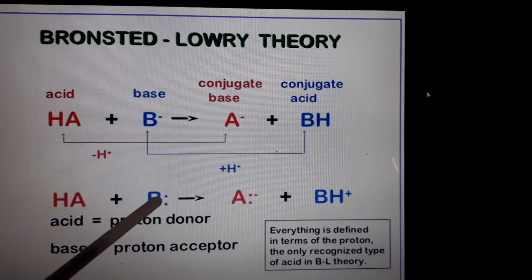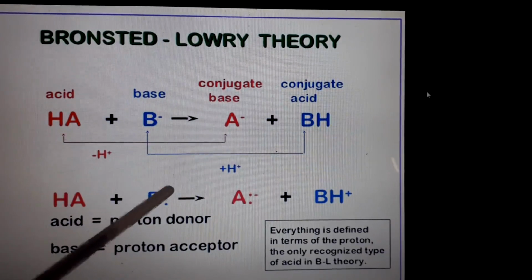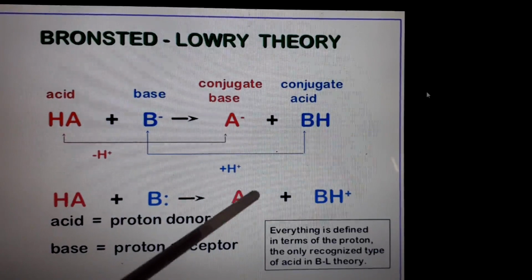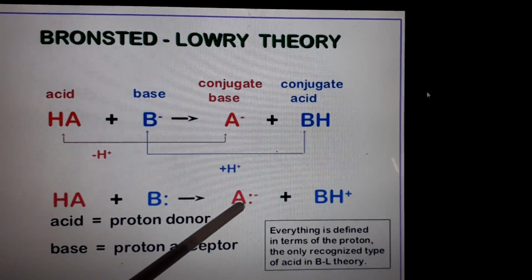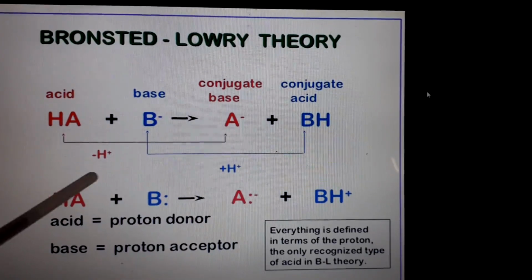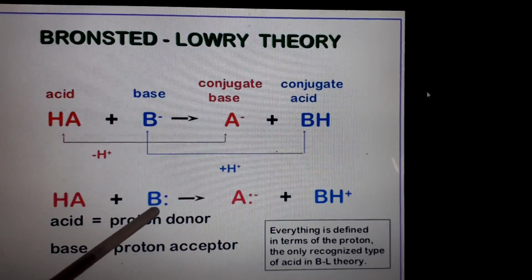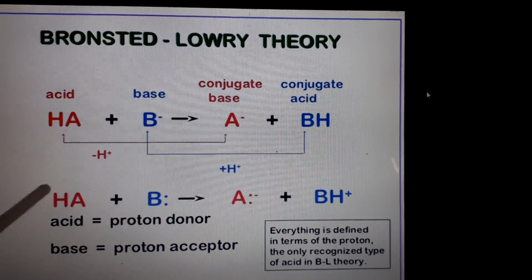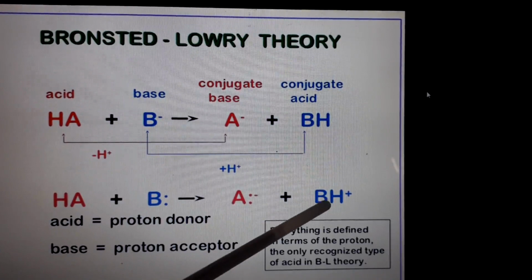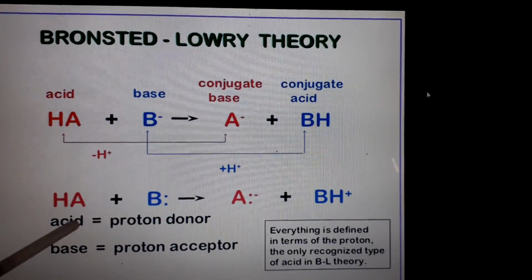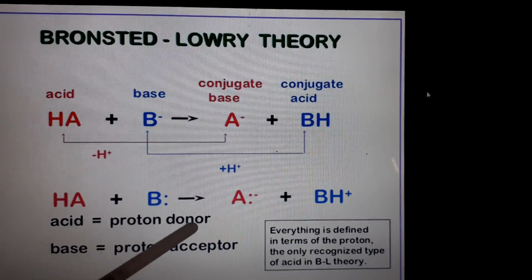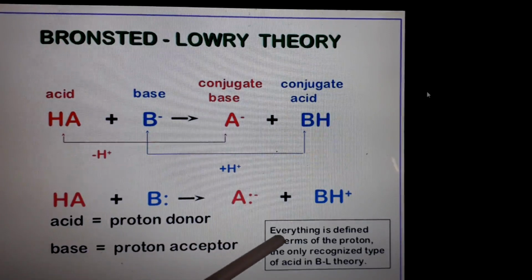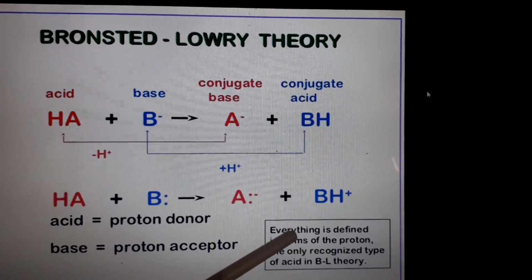This pair of electrons shifts to A, giving the negative acid ion, and then B accepts the H plus ion to convert to BH plus. That is, the acid is the proton donor, the base is the proton acceptor. Understand it? Everything is defined in terms of proton; this is the only recognized type of acid in Bronsted-Lowry theory.